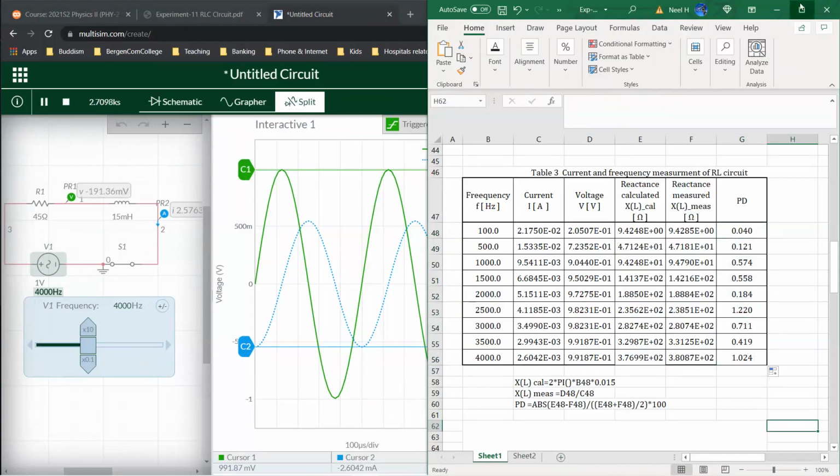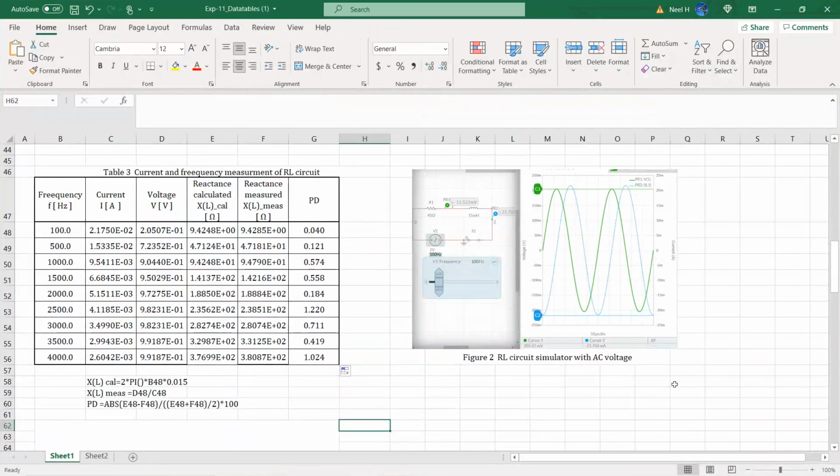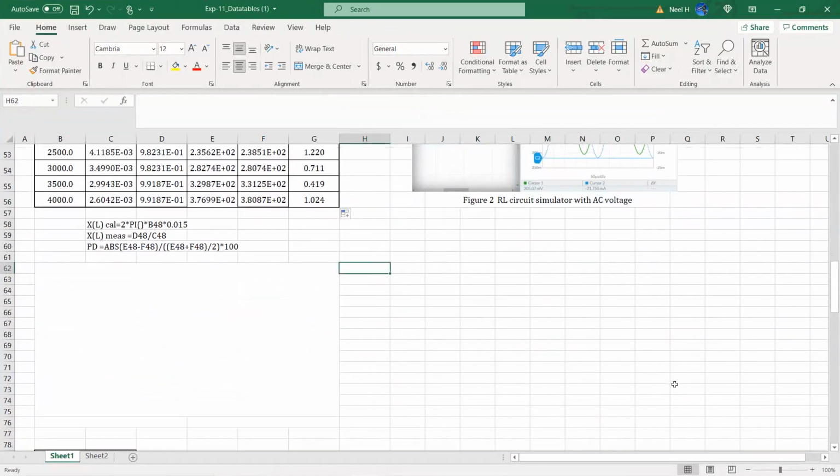Okay, guys, any question? Then we'll take a look at the graph.